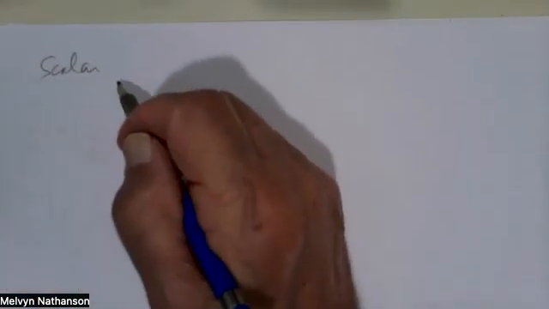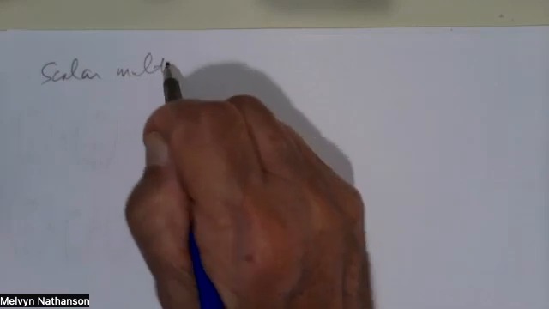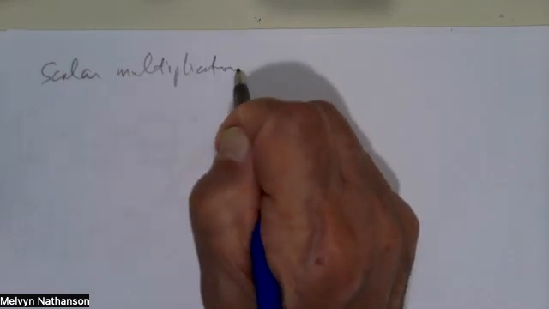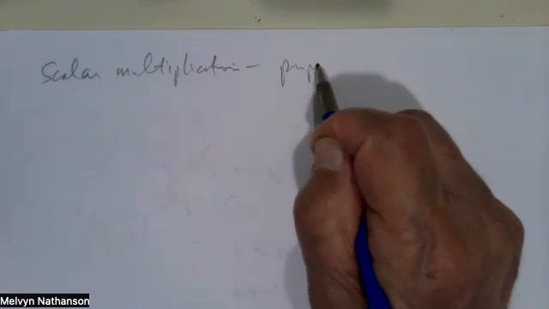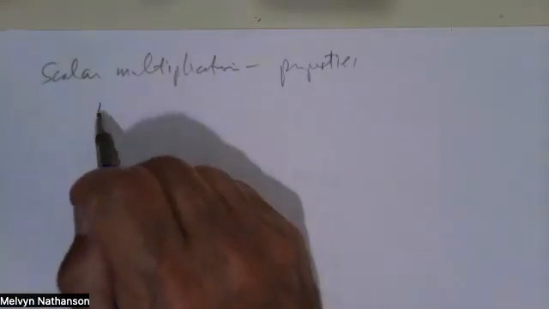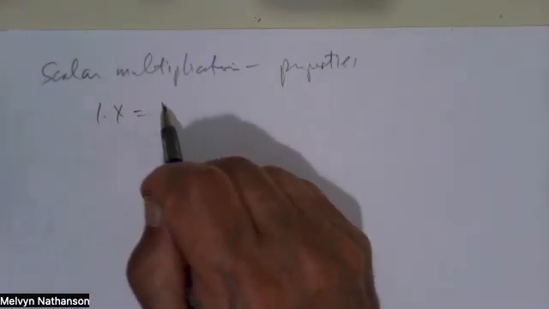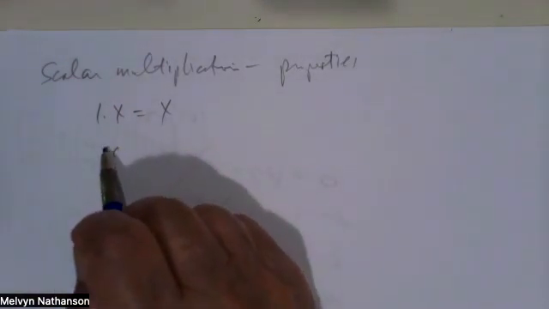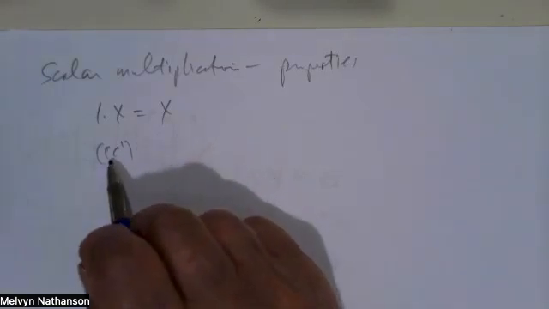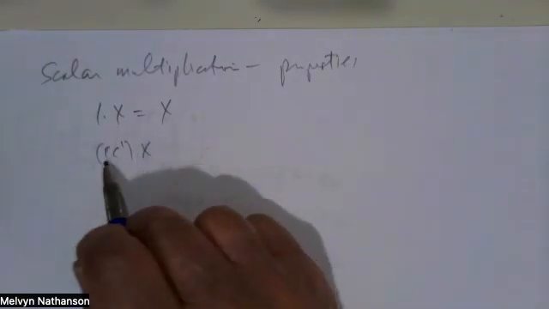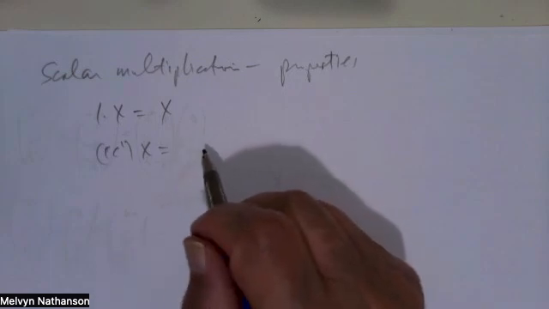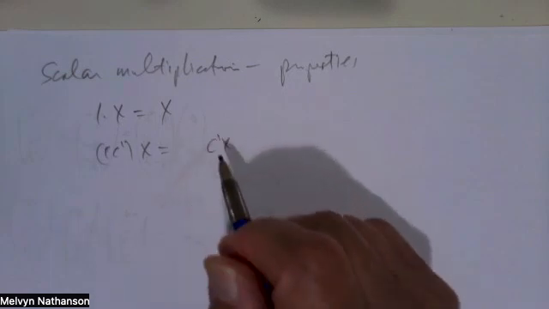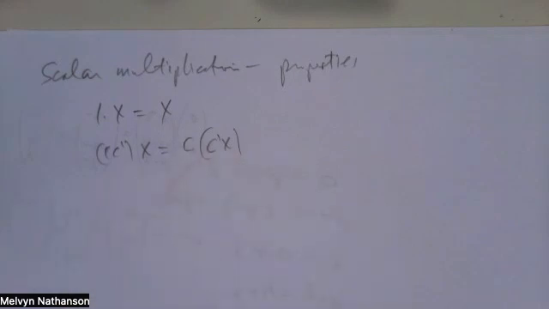First of all, these are properties of scalar multiplication. Multiply any vector by 1, you're just multiplying every coordinate by 1, so nothing changes. If you take two scalars, c and c prime, and multiply the vector x by c prime, that's exactly the same as if you took the vector x, multiplied it by c prime, and took that vector and multiplied it by c.